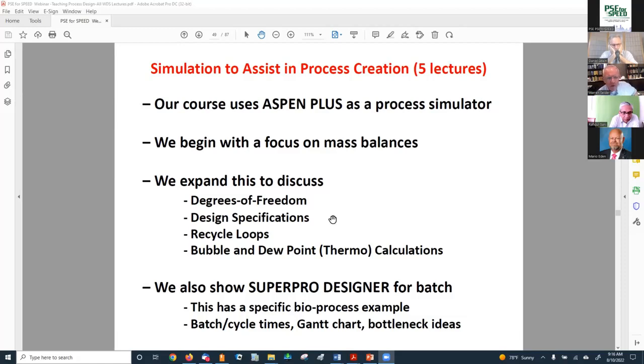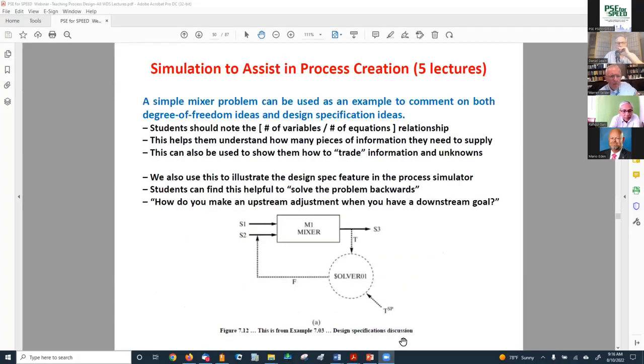Most of this is a review in many respects. We are also showing how to use the SuperPro Designer simulator for batch processes. Okay, and we have the specific bioprocess example, the TPA process. And we talk about the batch and the cycle times and the Gantt chart for scheduling and the bottlenecks that occur. Okay, moving on.